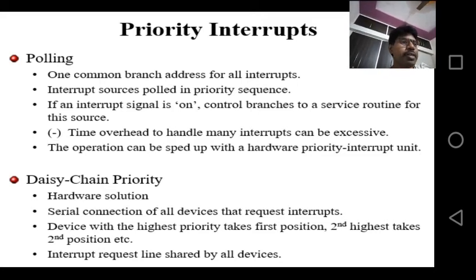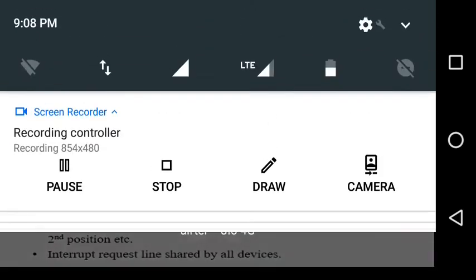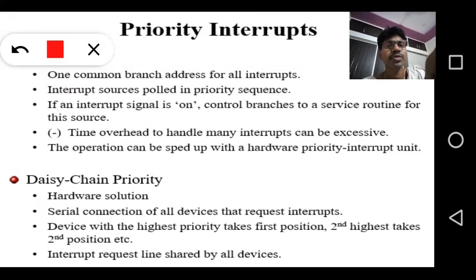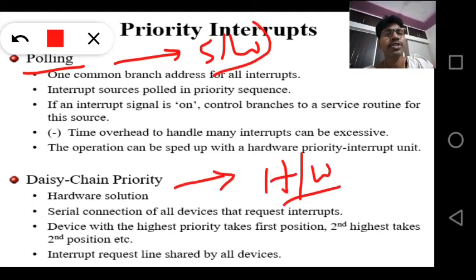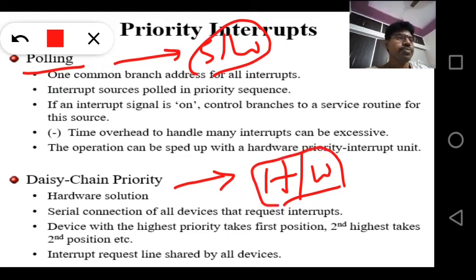So priority interrupts can be handled using two techniques. One is called polling and the other is daisy chaining. Polling is a software technique, whereas daisy chaining involves some extra hardware circuit. In polling, there is one common branch address for all interrupts, one address of the interrupt service routine, and interrupt sources are polled in priority sequence.